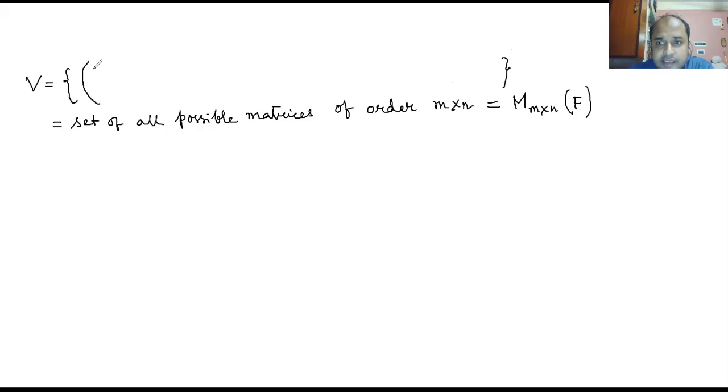Actually, this particular set M m cross n contains a matrix of the form like this. The order of this matrix is m cross n. Again, we have another matrix of order m cross n. The elements inside the matrices are taken from the field.